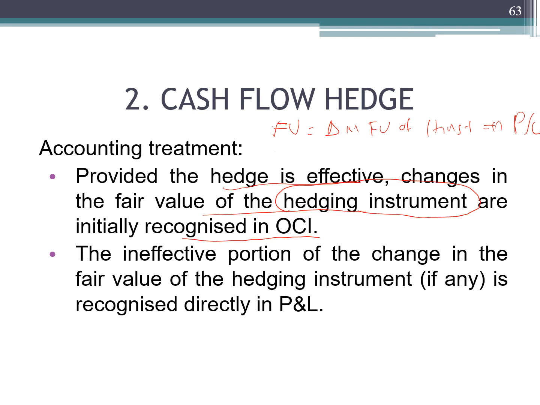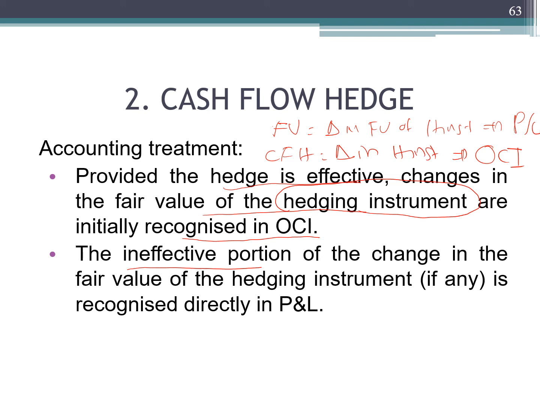But for the cash flow hedge, changes in the value of hedge instruments will be transferred to other comprehensive income. The ineffective portions of the change in the fair value of the hedge instrument, if any, are recognized directly in the P&L. The effective portions are transferred to other comprehensive income.